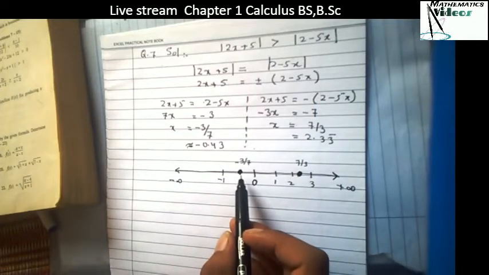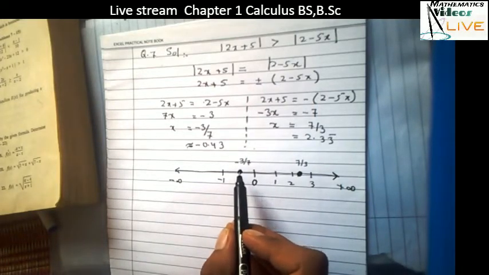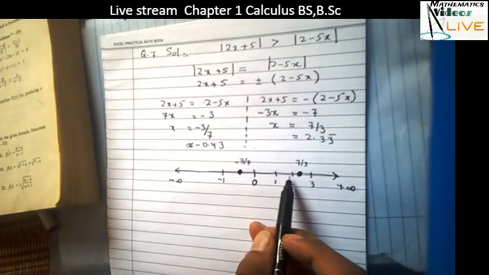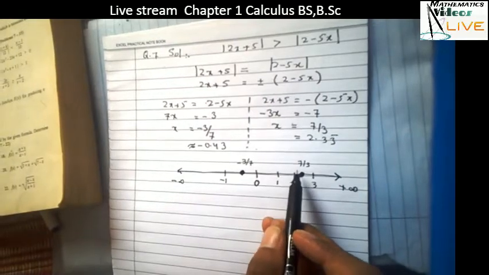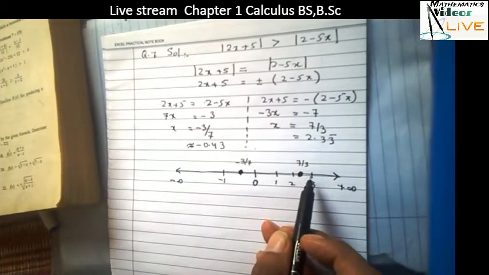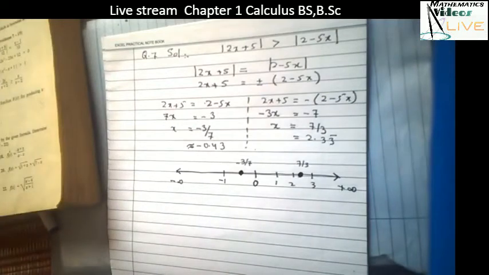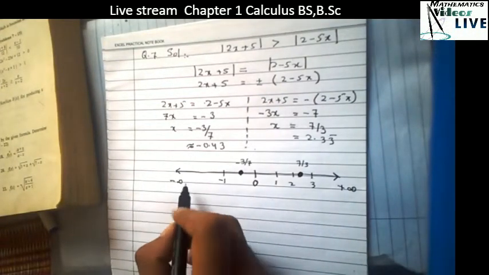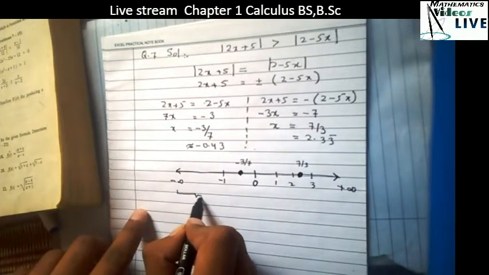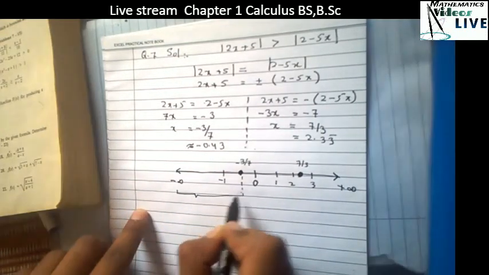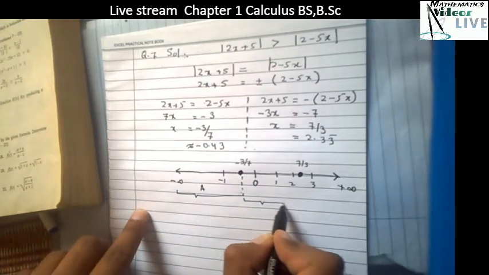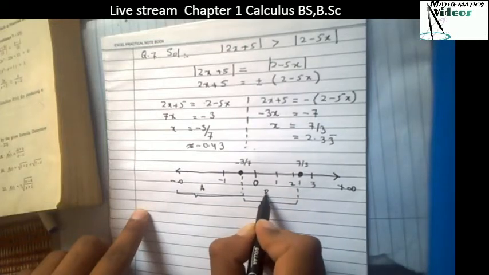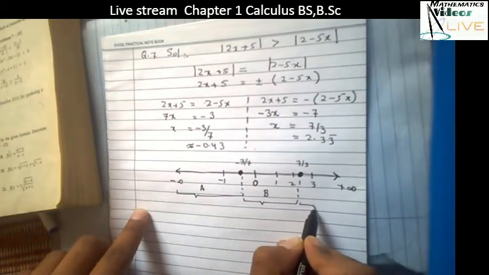Now we have three regions. This is minus infinity and this is positive infinity. The three regions are: one starts from negative infinity and ends at minus 3 by 7, the second region starts from minus 3 by 7 up to 7 by 3, and the third region starts from 7 by 3 and ends at positive infinity.